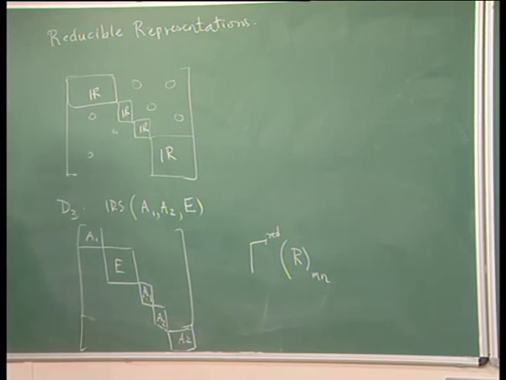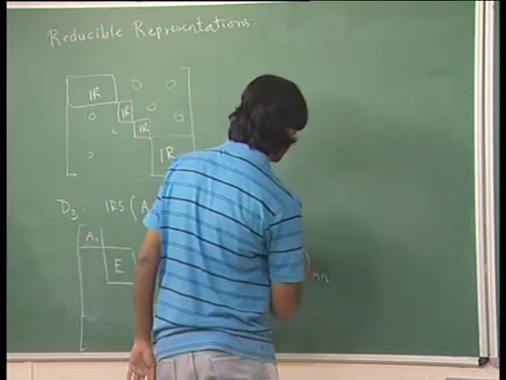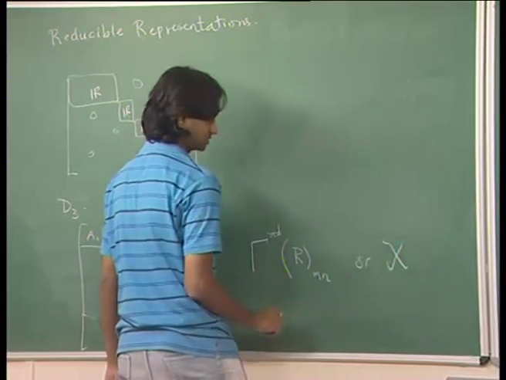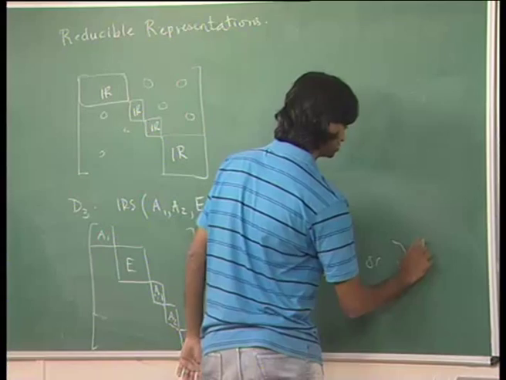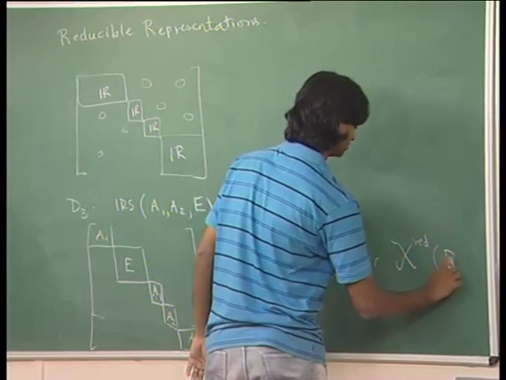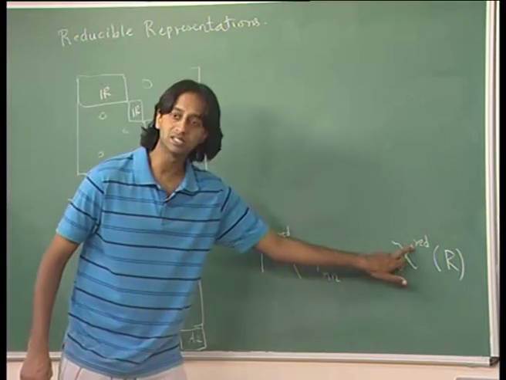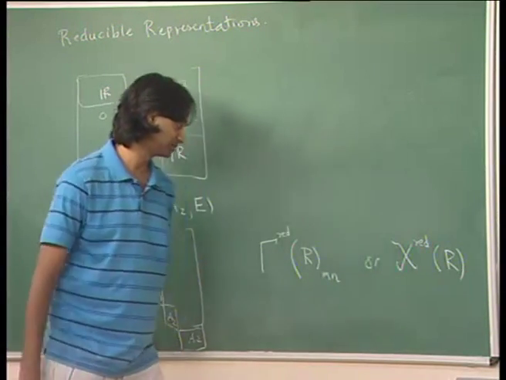Okay. So, I can ask what is the character, the trace of the reducible representation of R. So, in the reducible representation, what is the character of a particular operation?